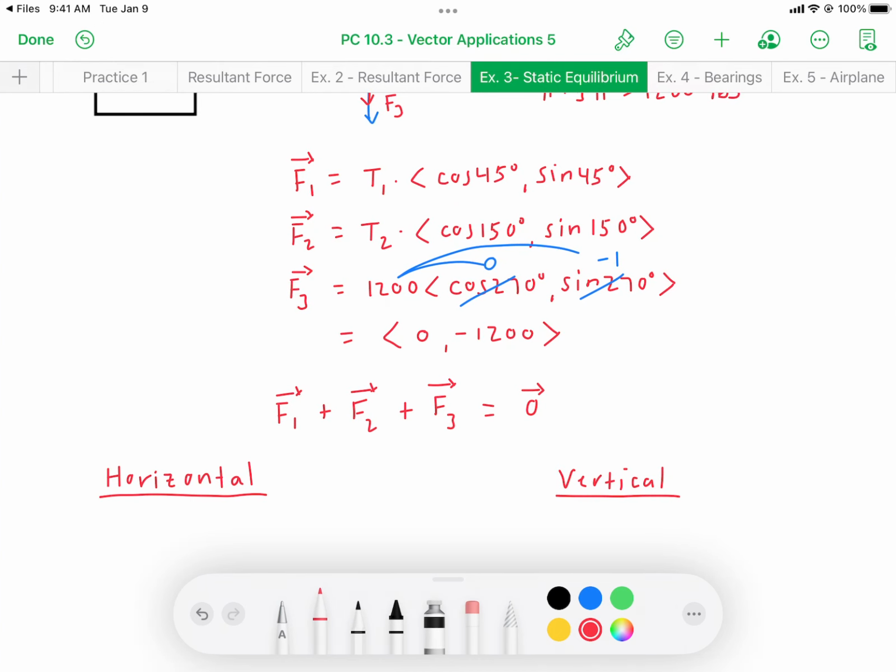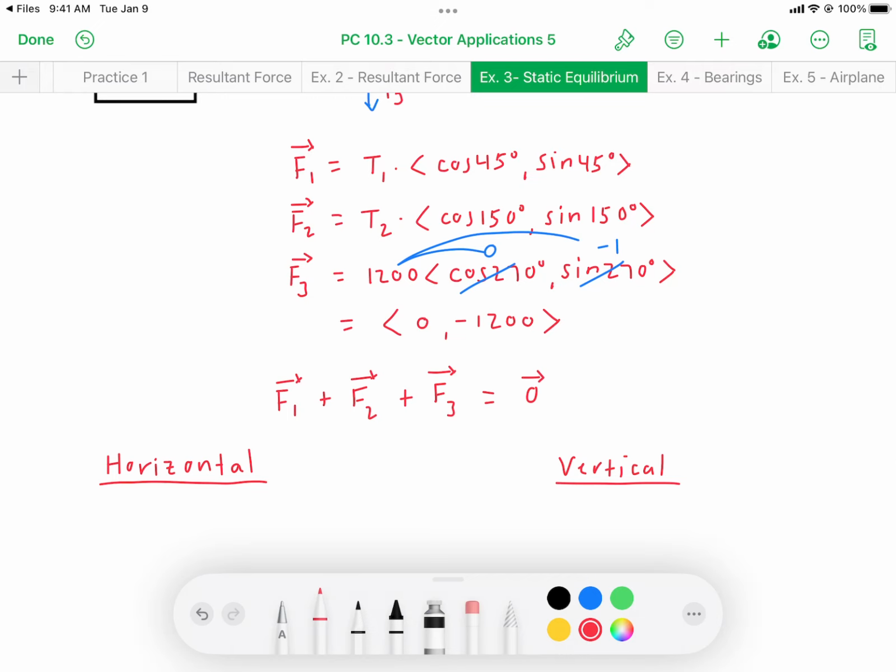All right, so if I add my horizontal components together, that would be T sub 1 times cosine of 45 plus T sub 2 times the cosine of 150. And then the third horizontal component is 0, so of course I don't have to write that in. And these should result in a component of 0.